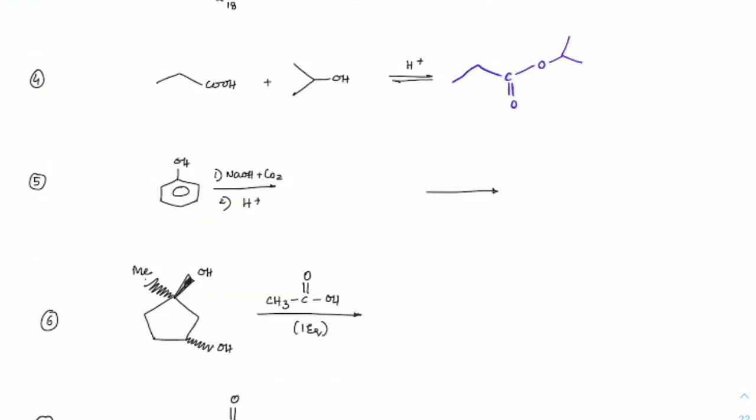Next one, Kolbe-Schmidt process. Remember the Kolbe-Schmidt reaction, where we first get salicylic acid, with COOH. Suppose I treat that with an anhydride, CH3 C double bond O O C double bond O CH3, in acidic medium or AlCl3.